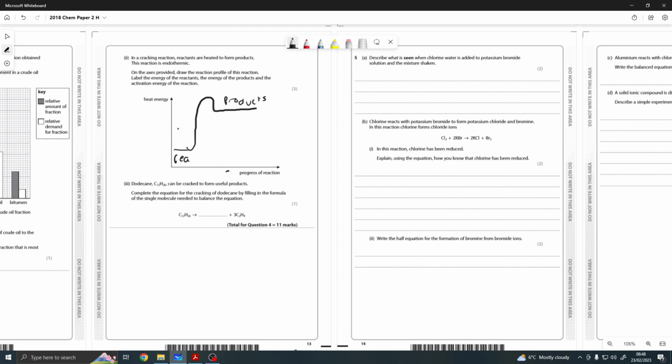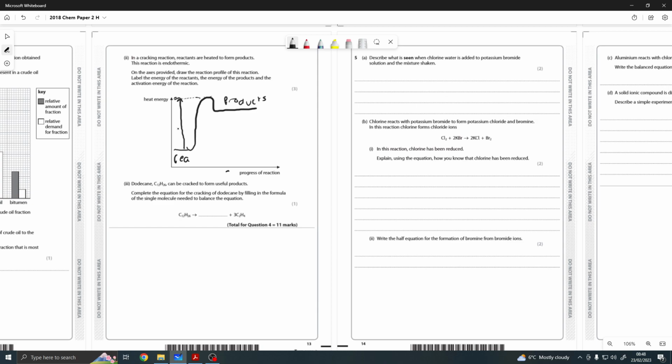So you've drawn your nice curve, and you've now got to label your activation energy. What I would do if I was you, when you come to do this, is draw a line from here all the way up to the very peak of your curve. I would even go so far as to maybe draw a dashed line from there with a ruler, just to show that you've done it to the right place.